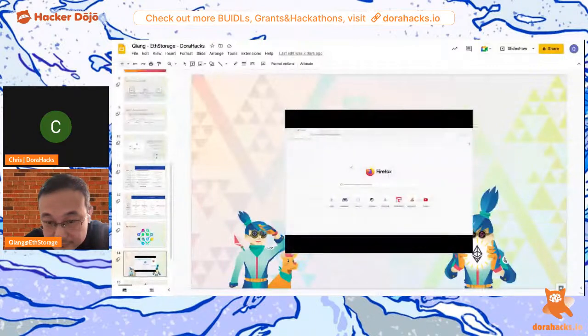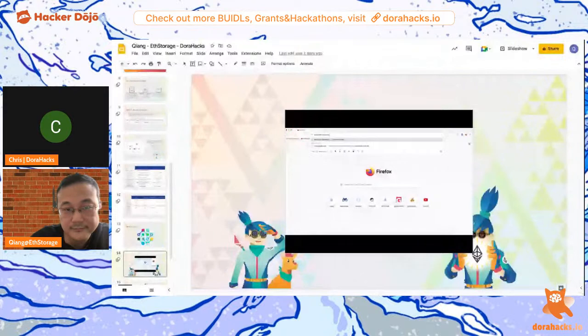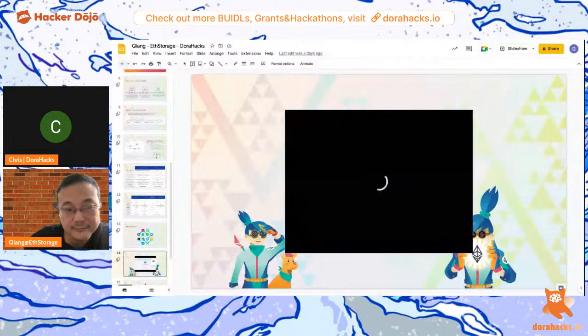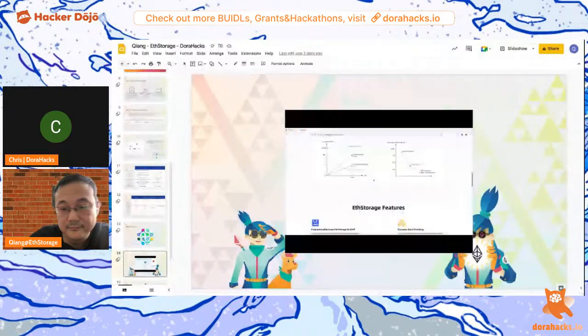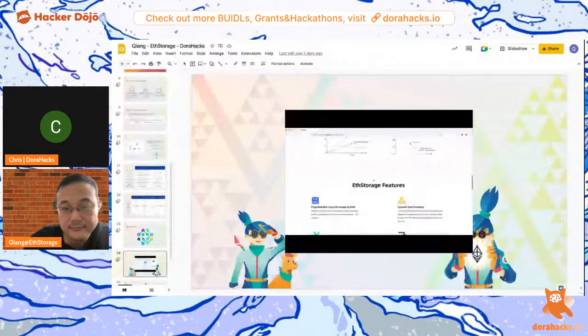So now type the Web3 URL, .eth name that we registered at ENS that points to the smart contract that hosts our front end. So all the images, HTML, CSS, JavaScript are now hosted by the smart contract and returned by this Web3 access protocol.